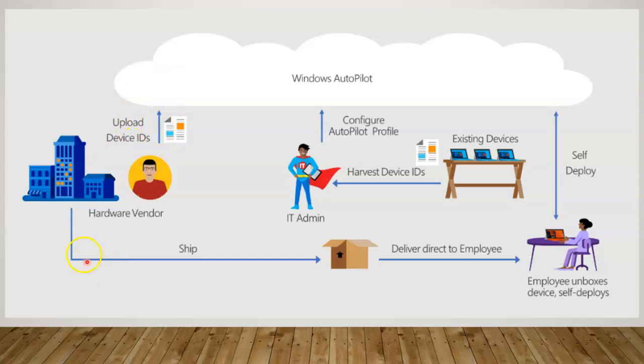Now let's talk about what happens to the physical devices. They did upload the IDs, and now these devices are shipped directly to your employees, or in some cases to the IT admin. Either way, let's take it as direct delivery to your employees.